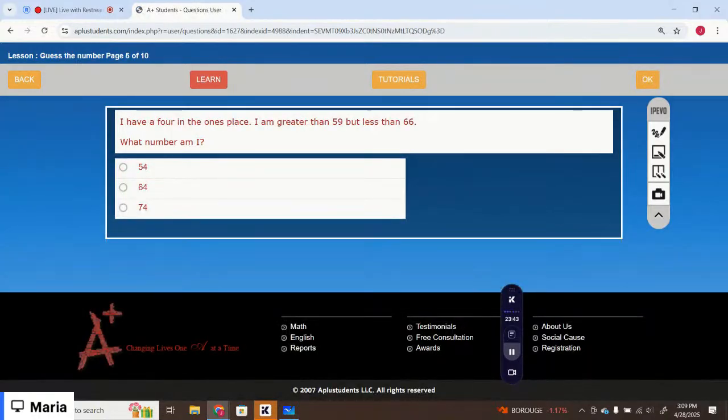I have a 4 in the ones place. I'm greater than 59, but less than 66. What number am I? So which is the correct option?